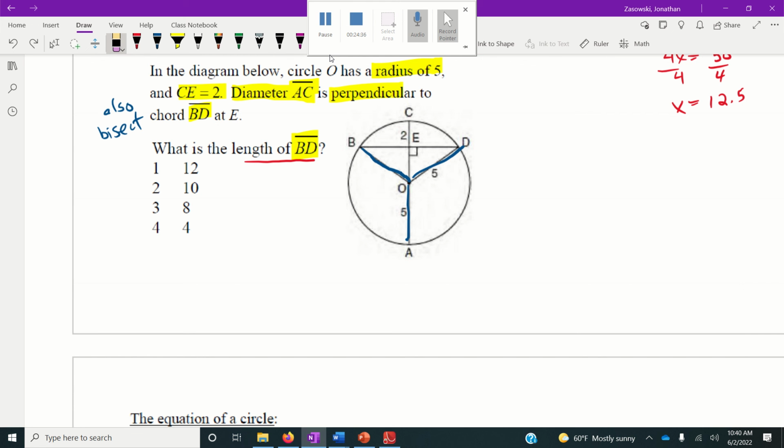So if we're looking for the length of BD, the first thing we want to do is look and see that, hey, we got this right triangle going on here. Remember that this is a radius, so if the length of that is 5, that means that EO has to be 3. And if we focus on this triangle here, we're really going to use the Pythagorean Theorem.